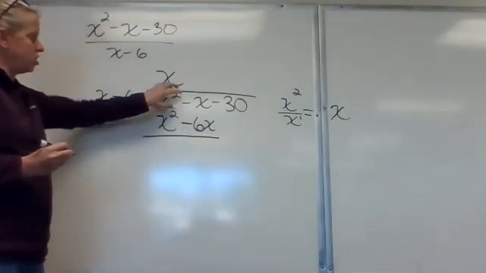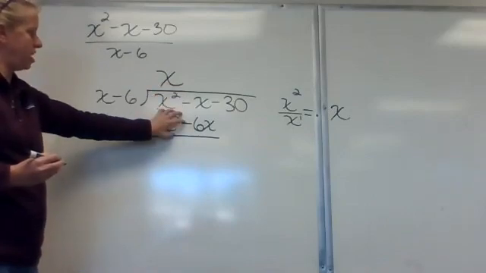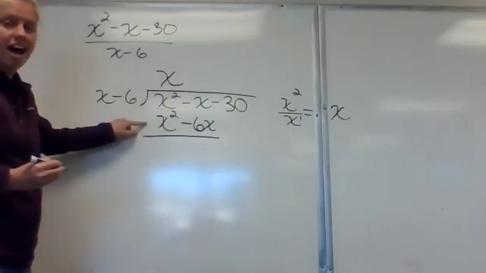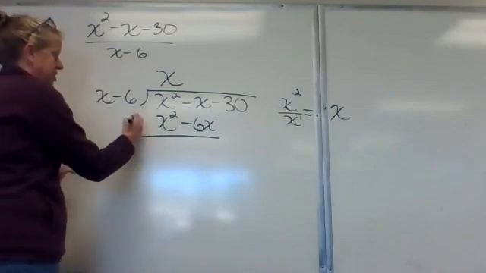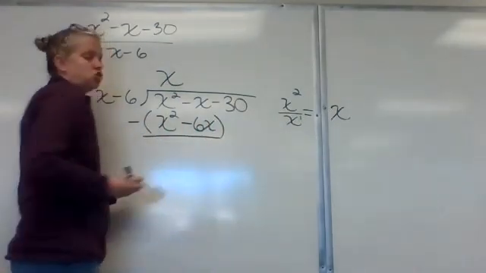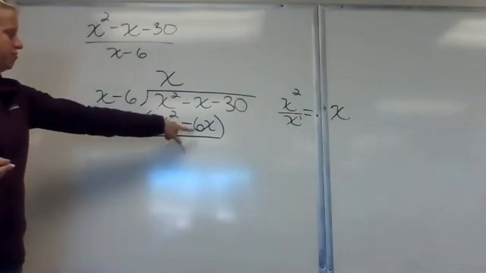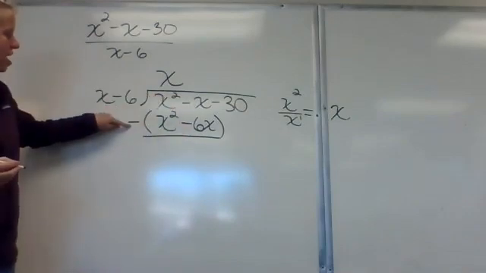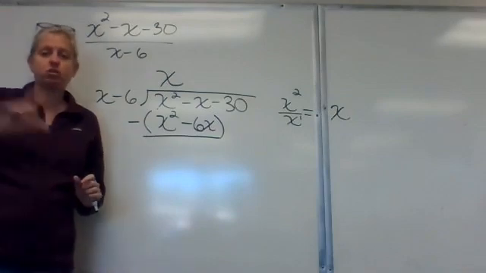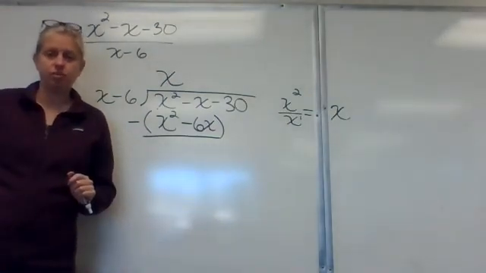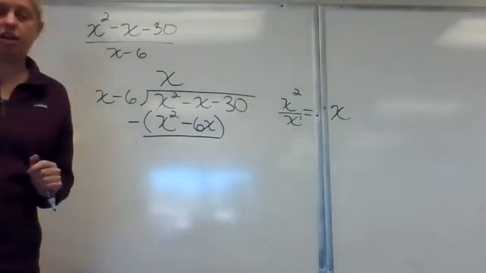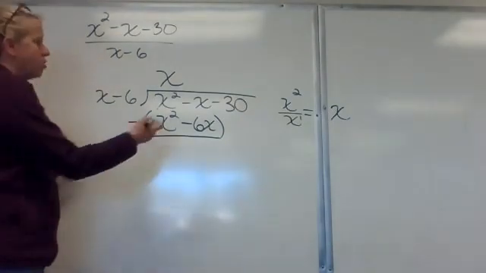Now, what did I do when I had that 52 and 49 right here? I subtracted. That's exactly what I'm going to do: subtract those terms from the terms above them. So x squared minus x squared goes away. If you have x squared and you subtract it, you're left with nothing. So now what do I have?